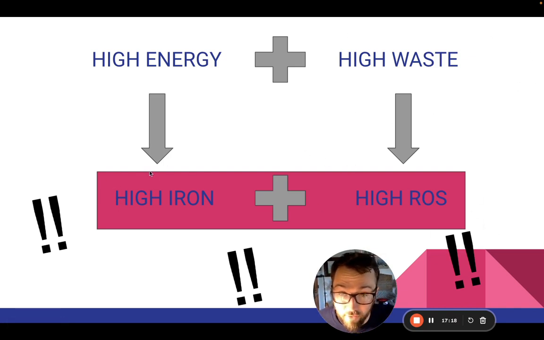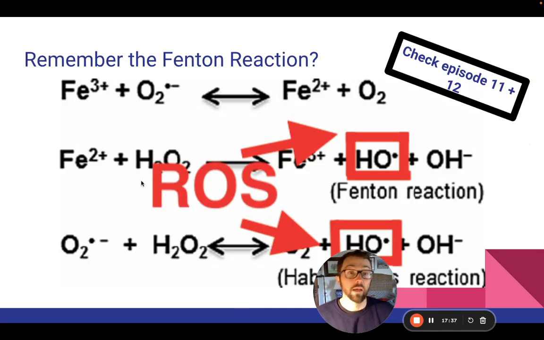So you have a lot of iron and you have a lot of ROS. Can we see the potential for danger here? Can we see the potential for disaster when you have this iron and this ROS, when we know that those two are the ingredients for creating the hydroxyl radical? And so here we are. Check episode 11 and 12.